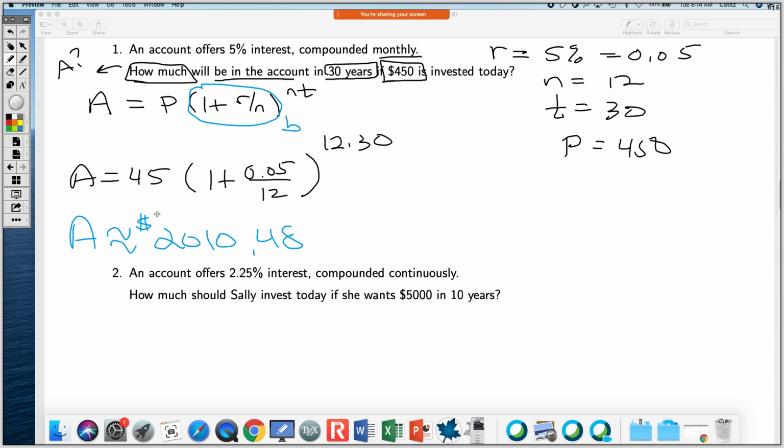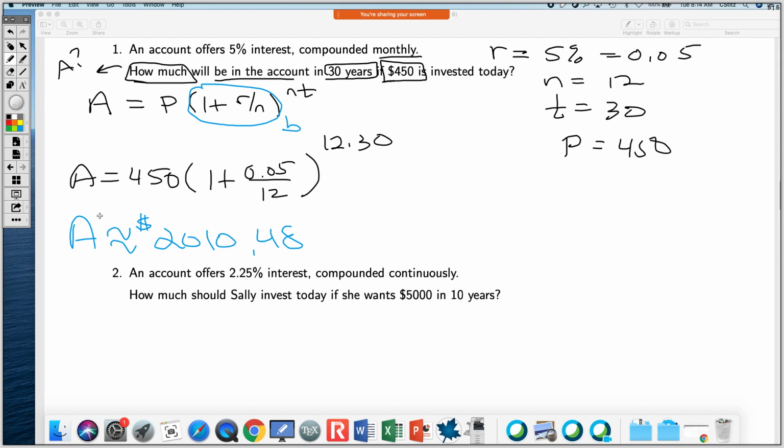Now, if you take an economics class, another way to describe this is the future value. So, 450, not 45. So another way to say this is that the future value of $450 today in 30 years under 5% interest is roughly $2,010.48.